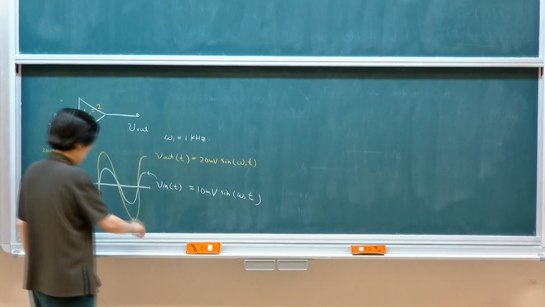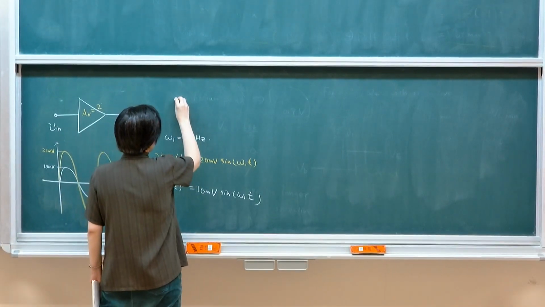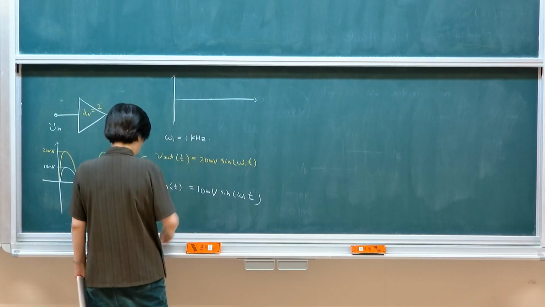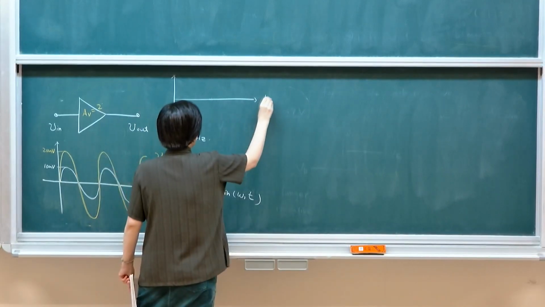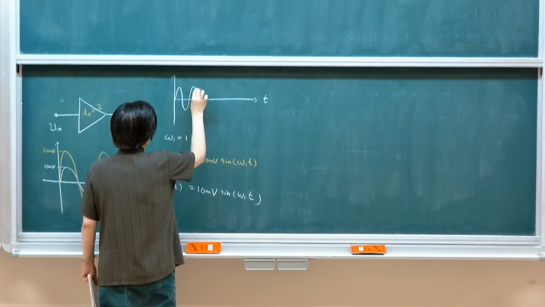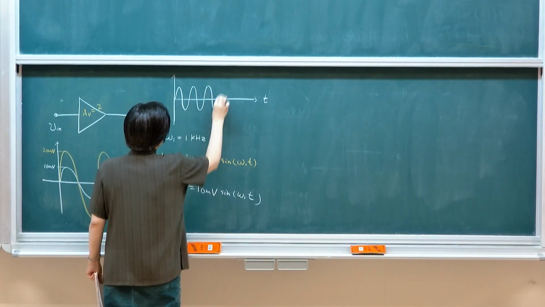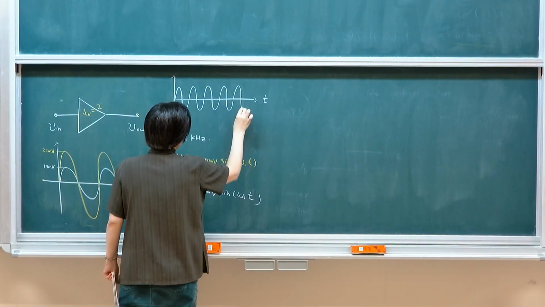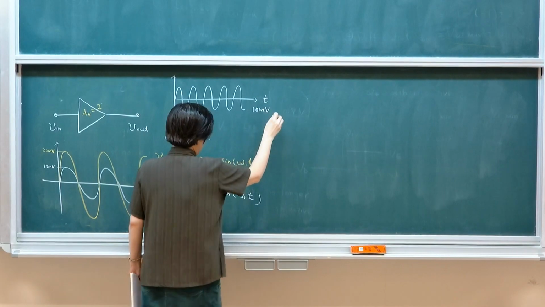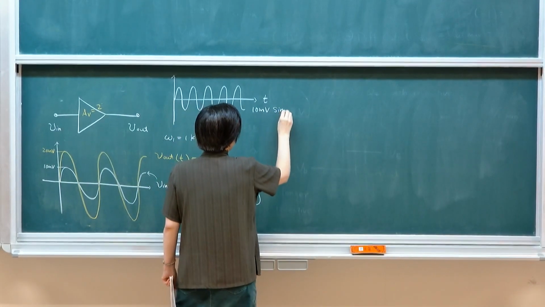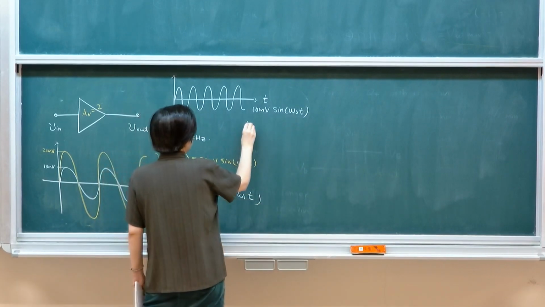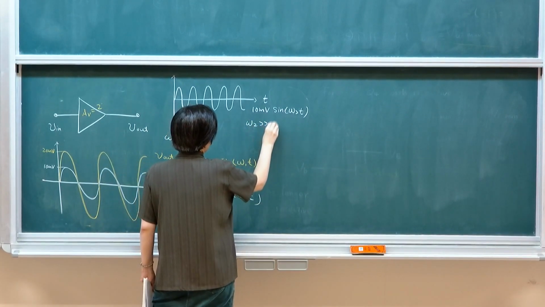It's a different time scale. So if I'm increasing my input signal to a higher frequency, this will be 10 millivolt sine omega 2 t, where omega 2 is much, much higher than omega 1.